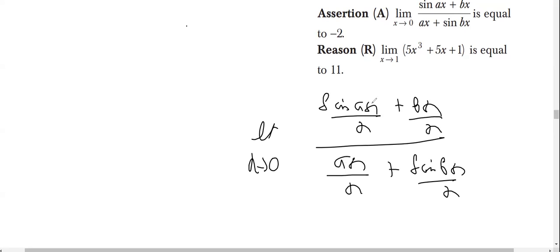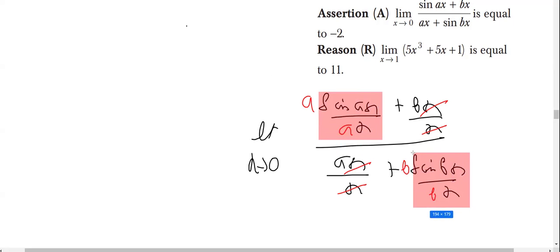Now, what you can see here is that we can get this as 1 if I multiply and divide by a, so I should write a over here and a over here. This x gets cancelled over here. And if I multiply and divide by b over here, this part you'll get 1, this you'll get 1, this you'll get 1.